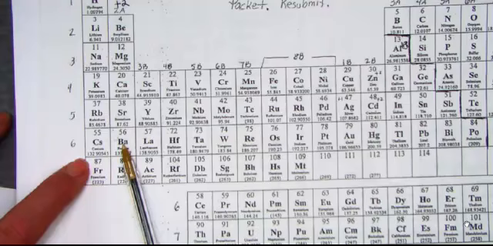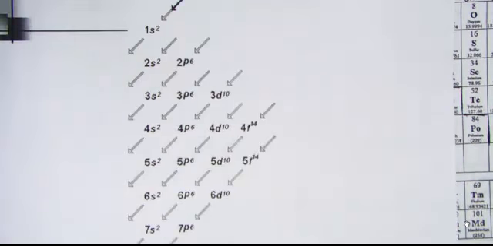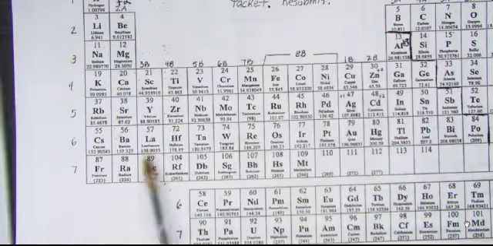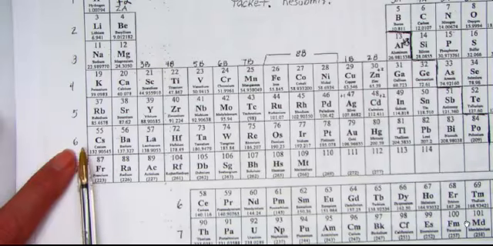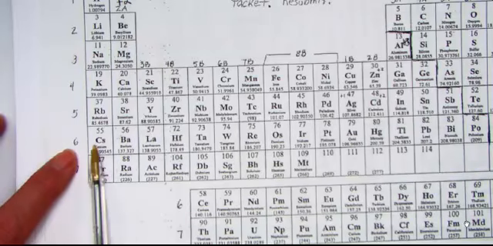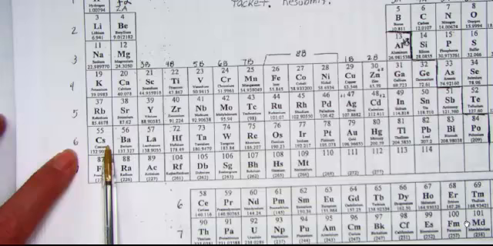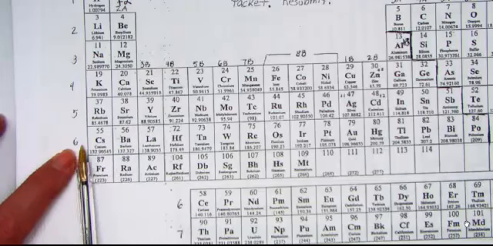I just went through and rattled off. Don't be impressed. I could follow the yellow brick road and write out an electron configuration until I've written for 56 electrons. But I can now start to predict the last thing I'm going to write would be a 6s squared electron configuration.